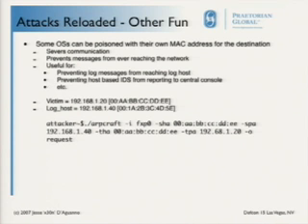A few other fun little things with ARP. Some OSs can actually be poisoned with their own MAC address for the destination. So here, say we want to sever a connection, or denial of service the connection, between a host and a logging server.